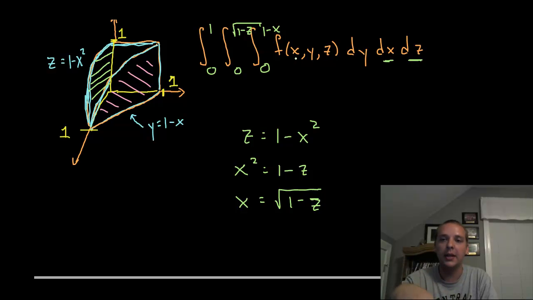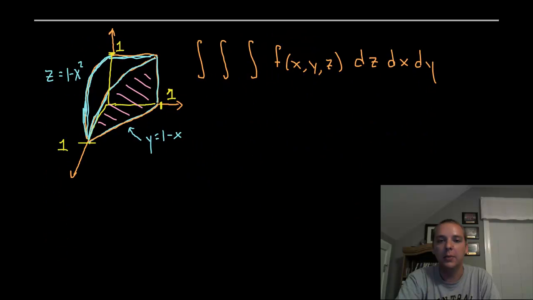And so that new integral that you would have for the second one would have x's in it, but that's okay because we're integrating with respect to x. And then we would plug in root 1 minus z into that, but that's fine because in the third integral we'll be integrating with respect to z. So the order is fine. It flows very nicely.